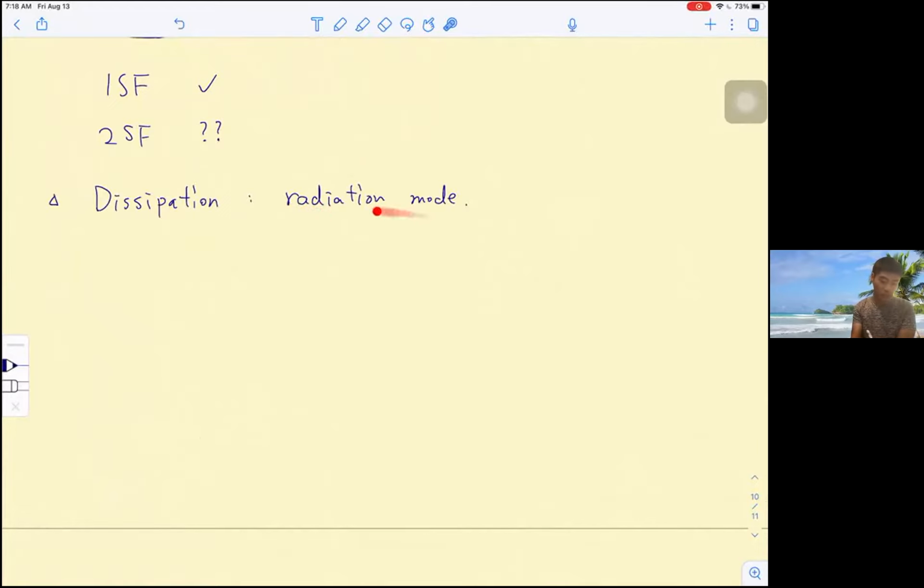So it's important to include this radiation mode when you go to high enough order. And it's actually not a very high order effect. For example, the standard radiation reaction, or the Bini-Damour radiation reaction force, starts at 2.5 PM.